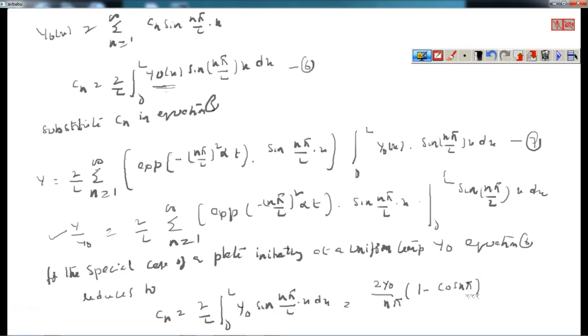I can write it as 1 minus cos n pi by n, cos n pi, and n pi is coming here, so the L gets cancelled, that is 2 y naught by L. And this is going to be 4 y naught by n pi when n is equal to 1, 2, 3, etc.